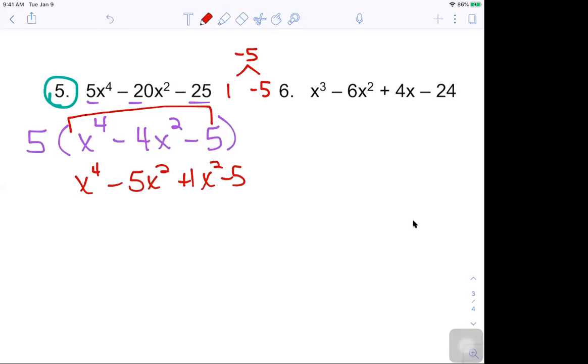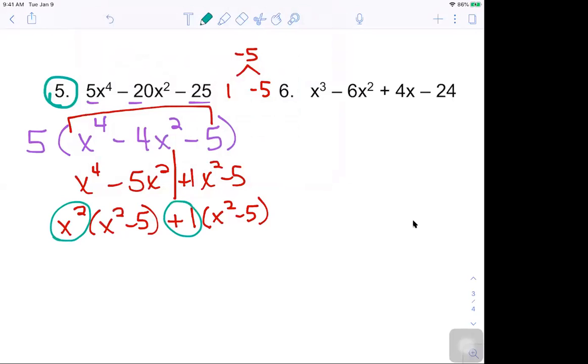So grouping means I'm going to group the first pair together and take out what they have in common. They both have an x squared. Looking at the second pair, they don't have anything in common besides a 1. I'm going to write that one in front so that I can then see the two values that I'm going to group together. So I took out what each pair had in common, and then remember, factor by grouping. You group the two quantities in front of the parenthesis that is the same together.